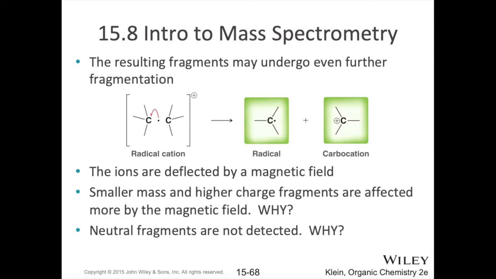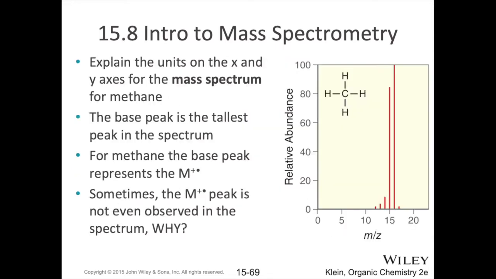So now, which of these will hit the detector? Well, your carbocation is what's going to make its way towards the detector, because it's still charged, and it's what's going to show up in your data. Okay, the radical won't.